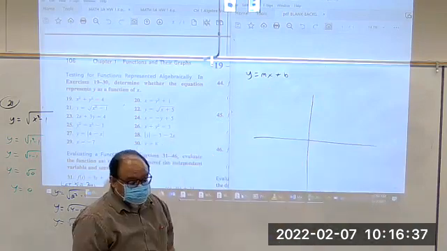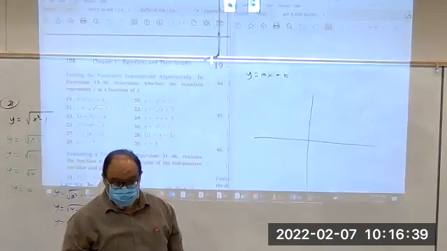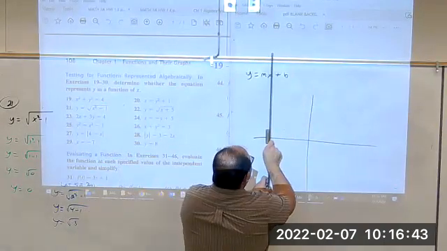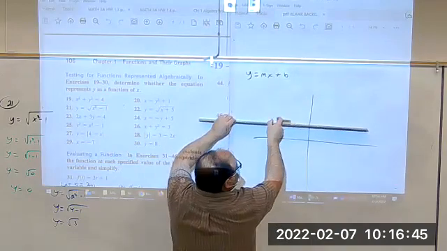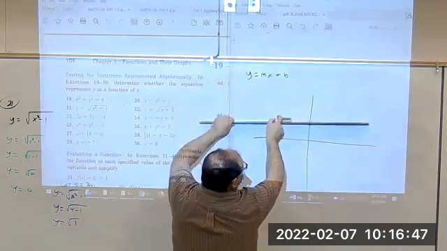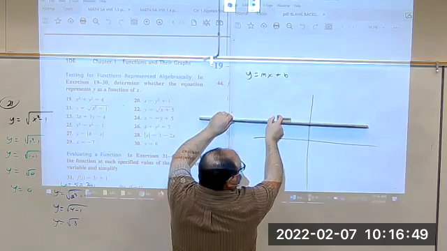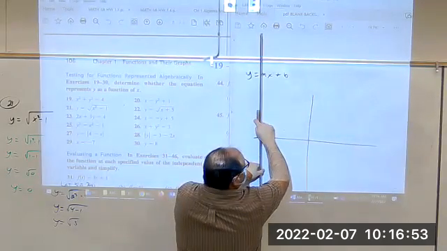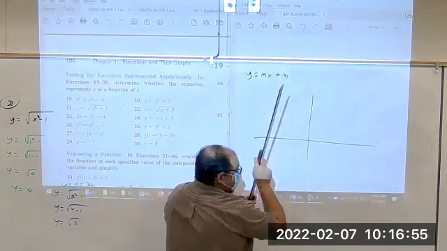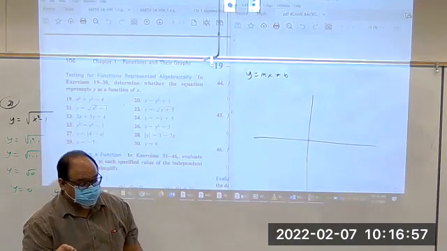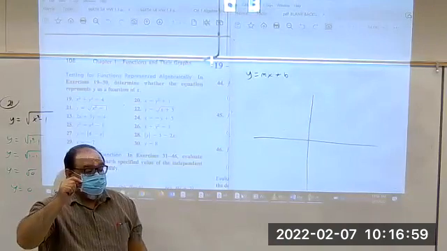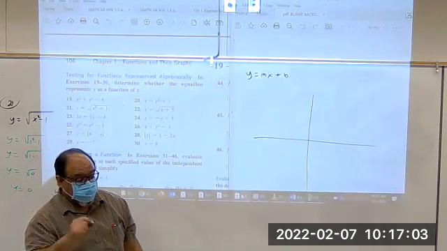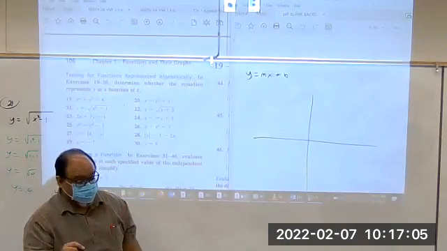The 2 special cases are the horizontal and the vertical. Which one passes the vertical line test? To pass the vertical line test, the vertical line only intersects the graph in at most 1 point.